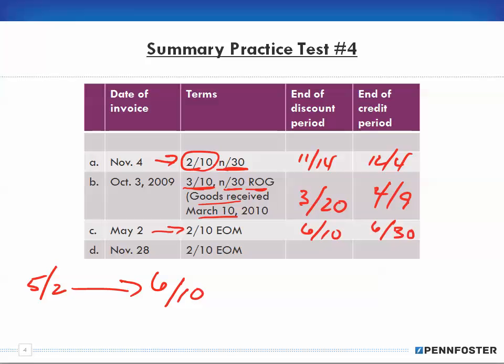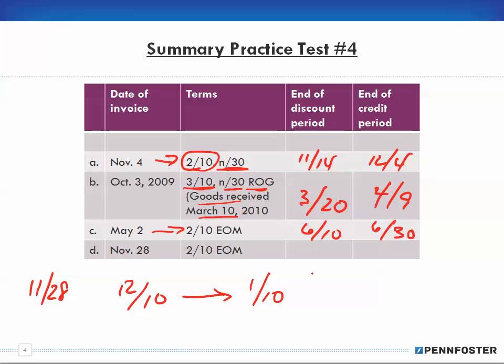Now D is what happens when it falls after the 25th of the month. So I have 11/28, and since that's after the 25th of the month, the way I think about it is I start out with the 10th, and I go from whatever month I'm in, go forward 1 month, and then I add 1 more month, right?